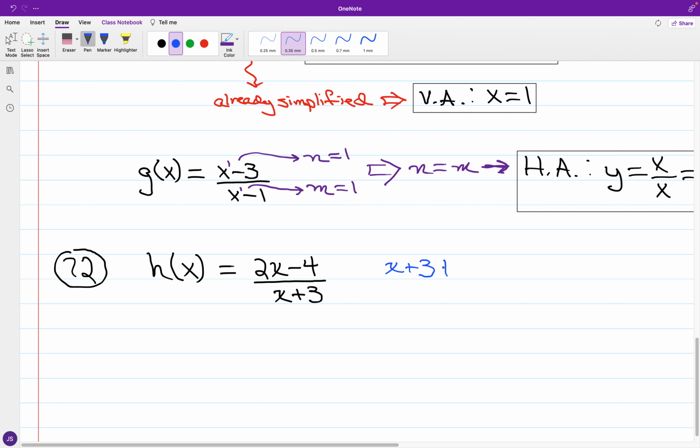And for the determination of the domain, again we had the restriction that x plus 3 cannot be 0. So x cannot be negative 3.